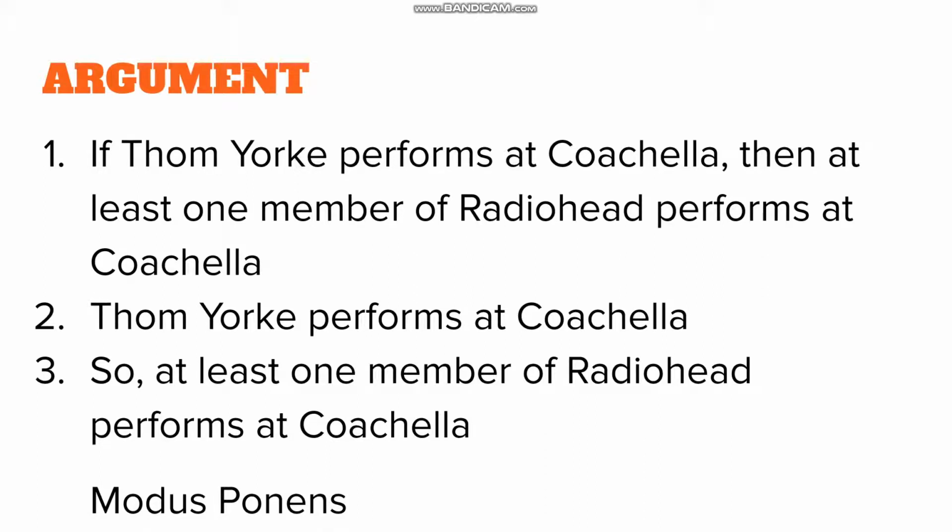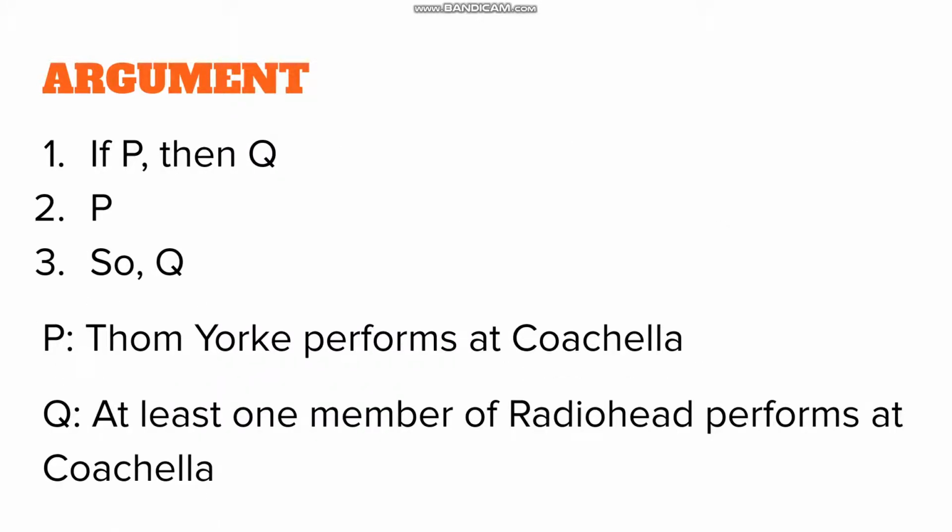The conclusion necessarily follows from the premises. And if we look at the form of the argument, we'll notice that the P's and Q's are substituted for English sentences. For instance, P is substituted for Thom Yorke performs at Coachella, and Q is substituted for at least one member of Radiohead performs at Coachella.